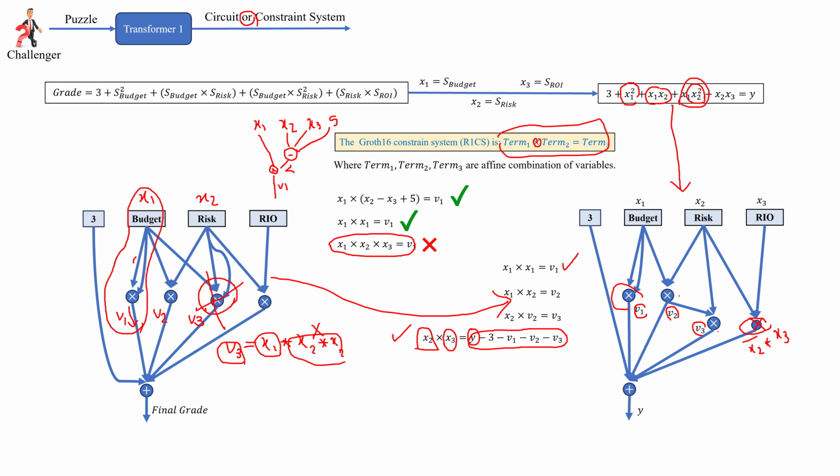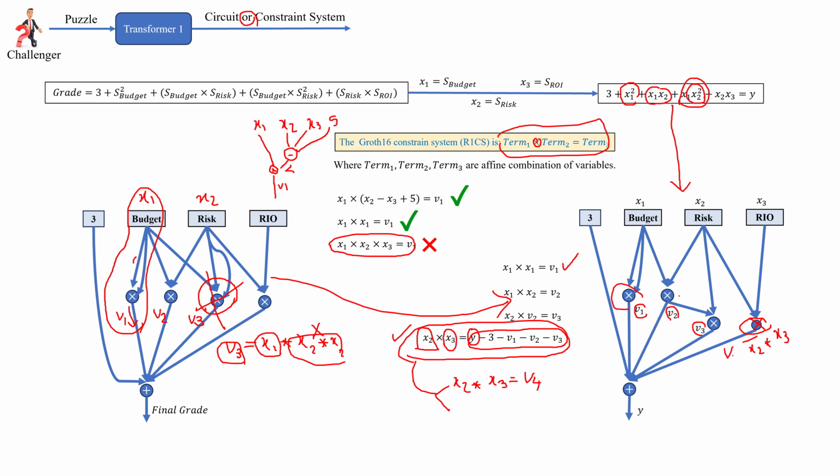So maybe somebody defines, instead of this complex constraint, two other constraints, right? Like x2 multiplied by x3 equals v4.